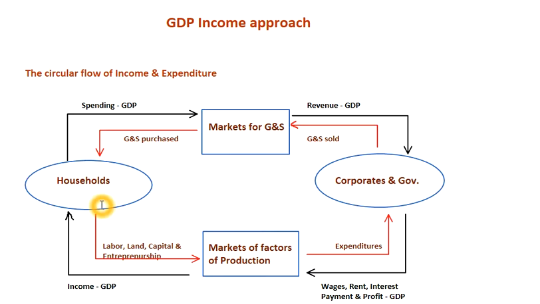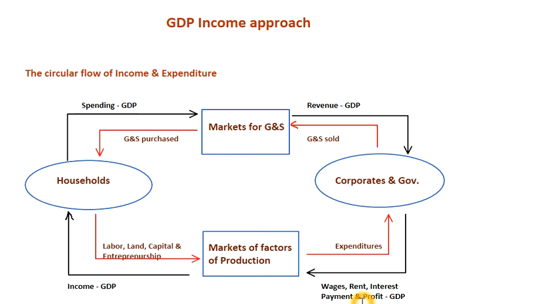Households supply land, labor, capital, and entrepreneurship to the market of factors of production, which creates expenditure for corporates and government. And households, following now the black arrows, receive back wages, rent, interest payment, and profit.